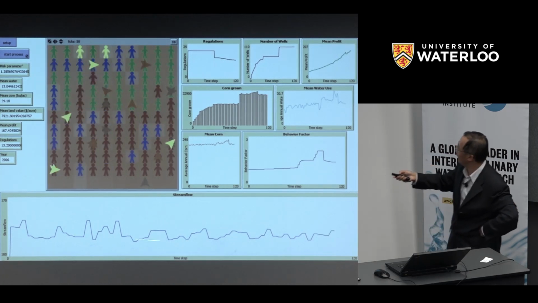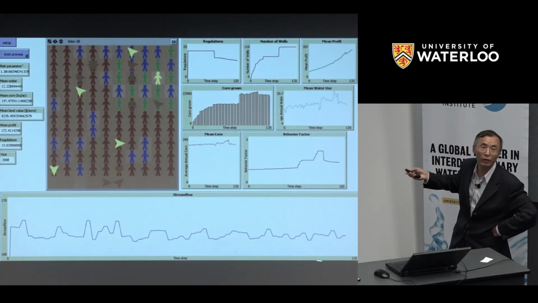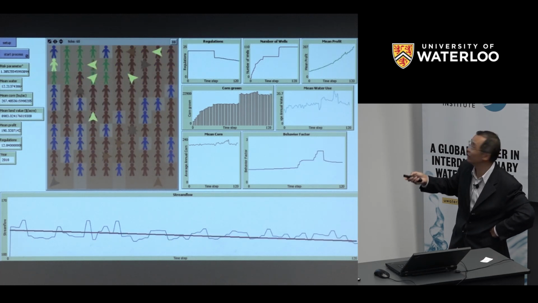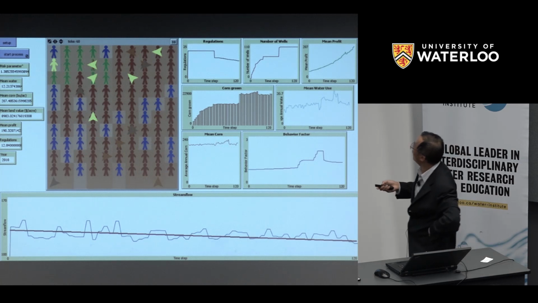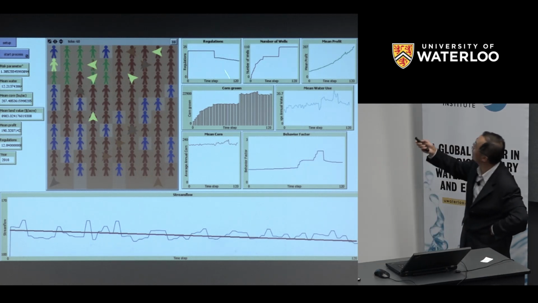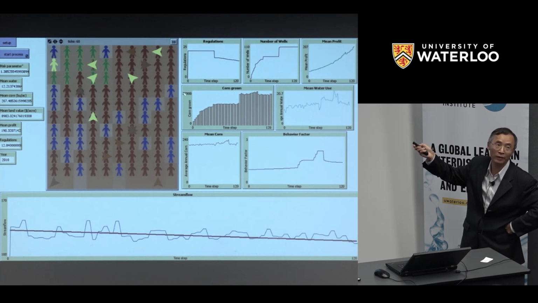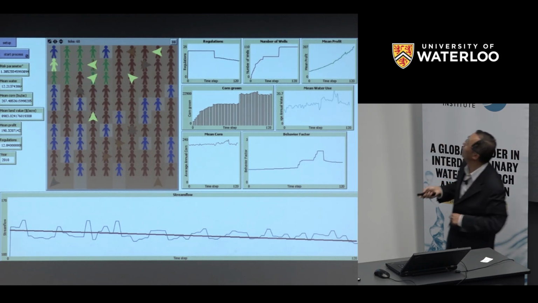Below here, this shows the change of the river flow. You can say that basically the river flow is declining. All right. So eventually there is a decline of the permit. That means because of the depletion of the river, the government decides to reduce the maximum pumping permit from 25 to about 13.